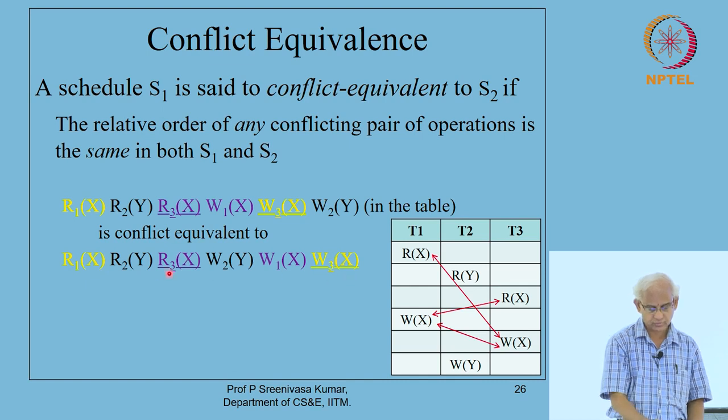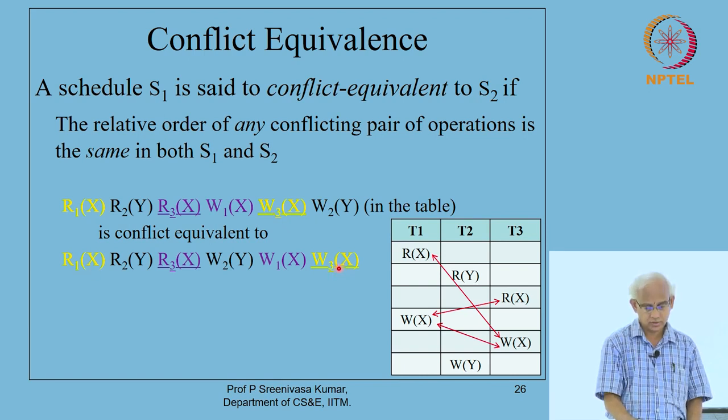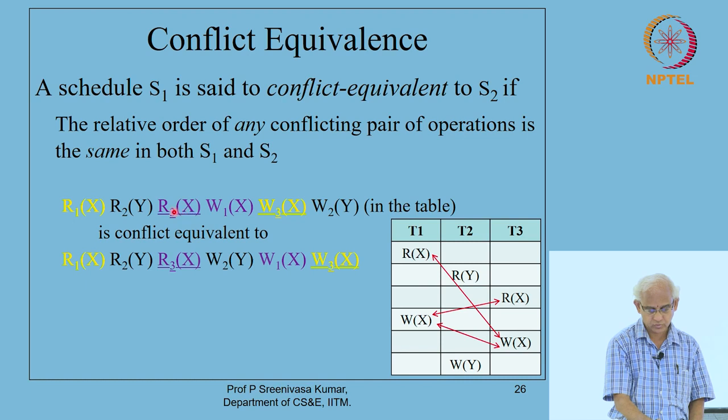You can notice that if you take the yellow ones, there is a conflicting pair of operations, R1x, W3x. They are occurring in the same order here and also here. In a similar way, if you take these violet ones, R3x, W1x, they are also occurring in the same order, R3x, W1x.